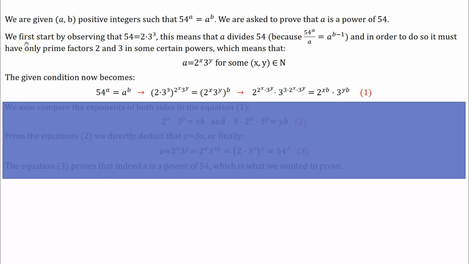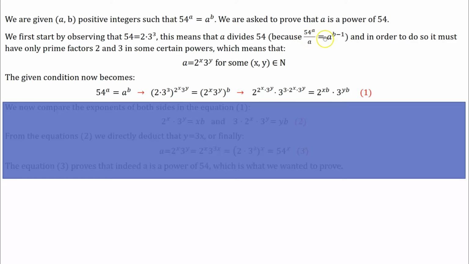Now, first of all, let's see that 54 is actually equal to 27 times 2, or 2 times 3 to the third. So this means that a divides the number 54 to the power a, because 54 to the power a divided by a, from this equation over here, is equal to a to the power of b minus 1, which is a natural number.